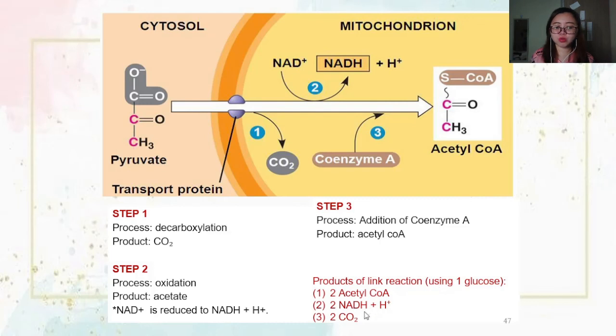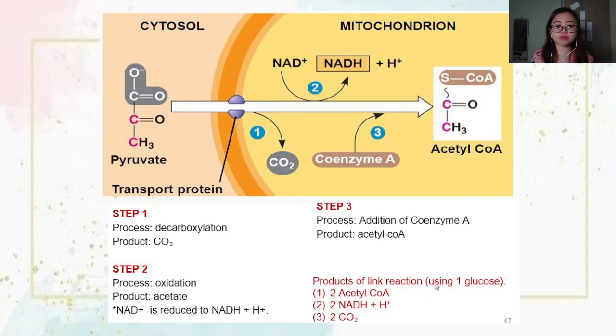Kenapa boleh nampak 2 di sini walaupun di sini nampak 1? Dalam diagram ini adalah hasil untuk 1 molekul pyruvate. Tapi biasanya bila kita cakap pasal products of reaction, kita merujuk kepada berapa biji glukos hasilkan berapa biji product.